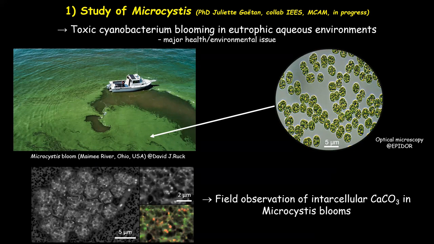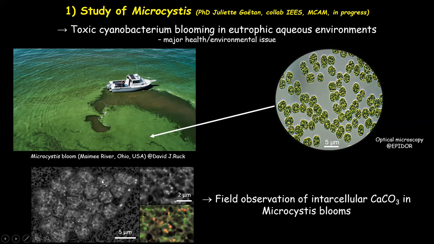So if you have higher loads of nitrates or phosphates, they tend to increase the risk for that. And this is one picture illustrating these blooms. The problem is that some of these bacteria are producing toxins. And when this happens, like in drinkable water reservoirs and so on, this is really a major issue.